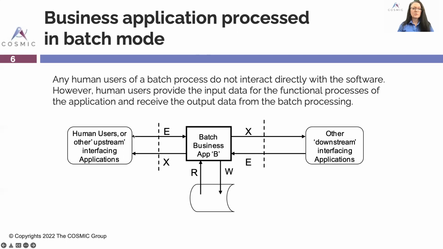So human users or other upstream interfacing applications can trigger with an entry the batch functional process that can request data from other downstream interfacing applications, which will provide this data. The batch will execute, writing some data, reading other data from its persistent storage, and then it could display or send information to the upstream interfacing application.